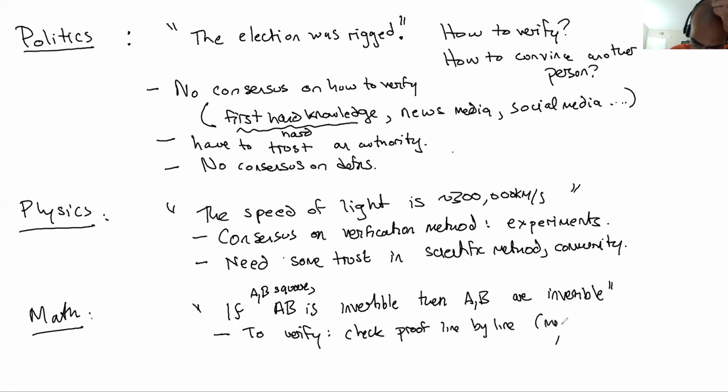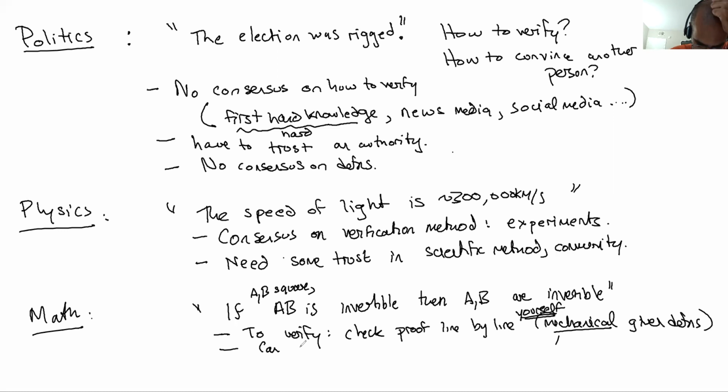And this is a mechanical procedure given the definitions. And moreover, you can convince anybody of this statement, right? So the method of verification in math is such that you can check the proof line by line yourself.